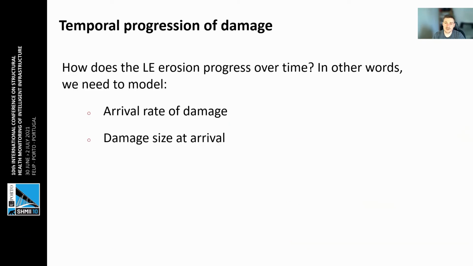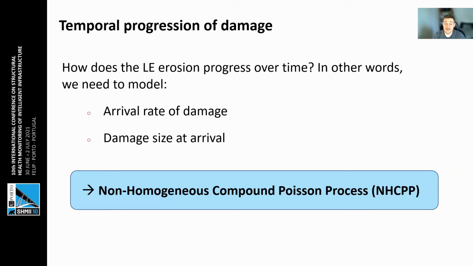Now, to properly model the progress of the degradation in time, we need to account for two things, namely the arrival rates of damage, but also the size of the damage increment when it arrives. With this information, we build our non-homogeneous compound Poisson process.